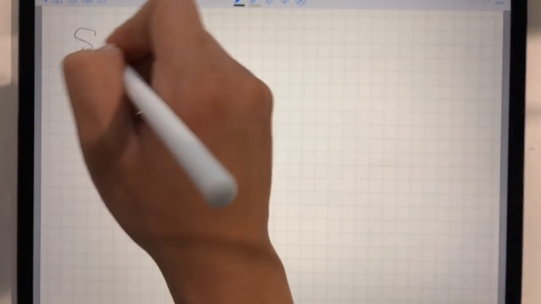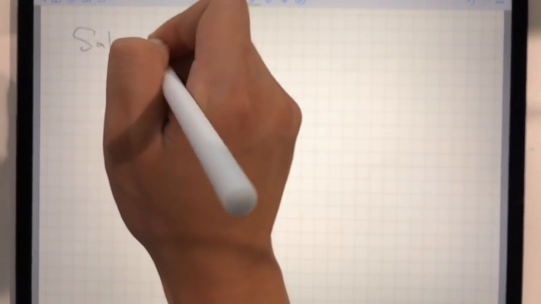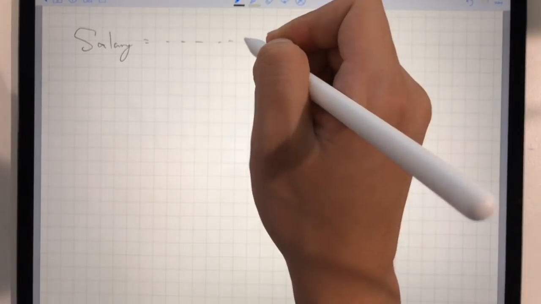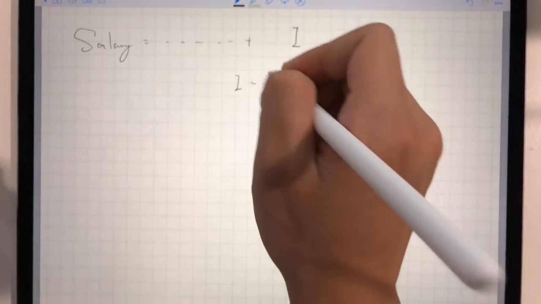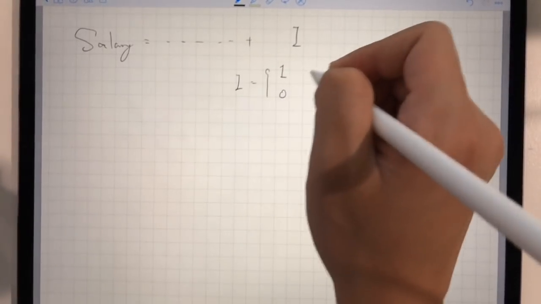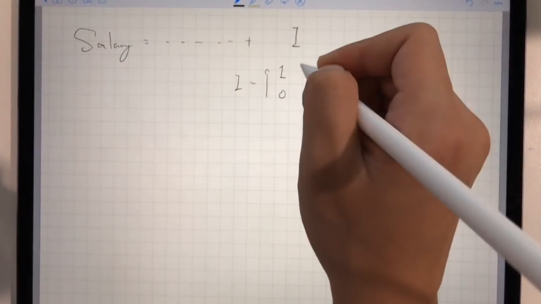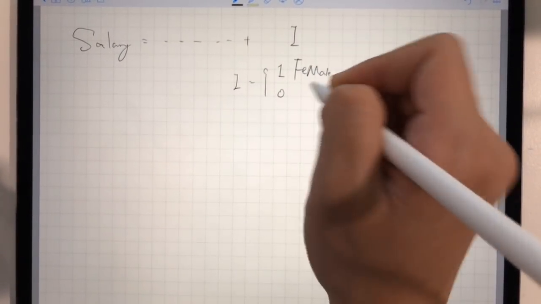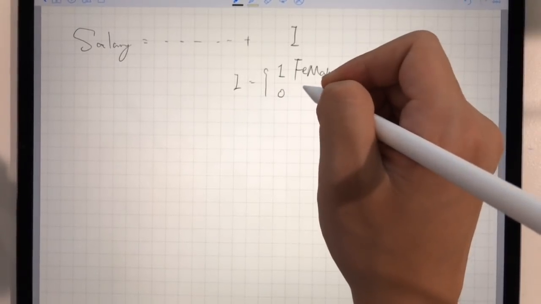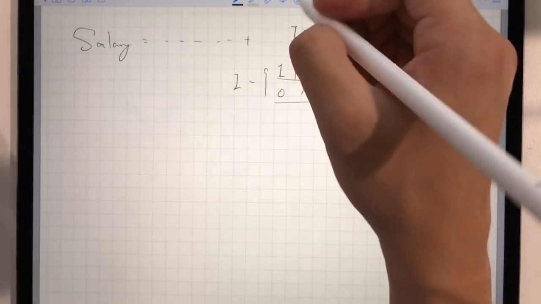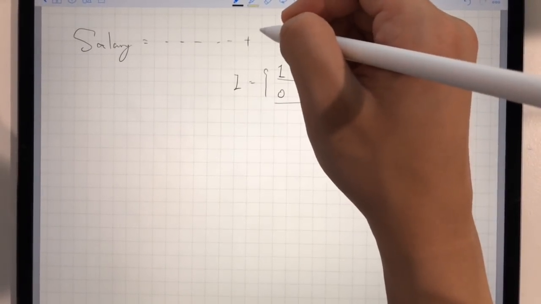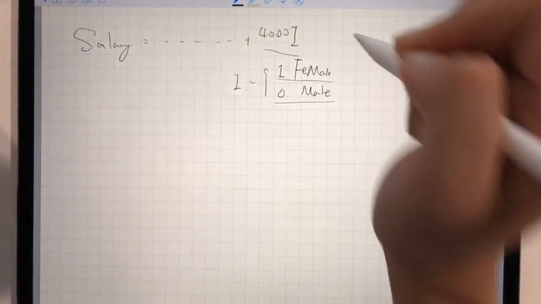If we have a dummy variable in your model and you want to estimate, for example, salary, which equals something plus an indicator variable which stands for male and female. Let's make it 1 for female and 0 for male, and you probably have observed 4,000 over here.